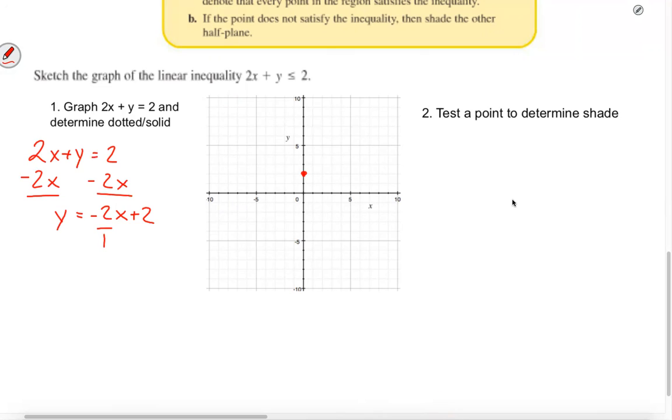So she's going to go down 2 to the right 1, down 2 to the right 1, down 2 to the right 1. Again, this seems excessive, but it does help in connecting your dots. And then she's going to notice that this sign says that it is a solid line. So she connects it.